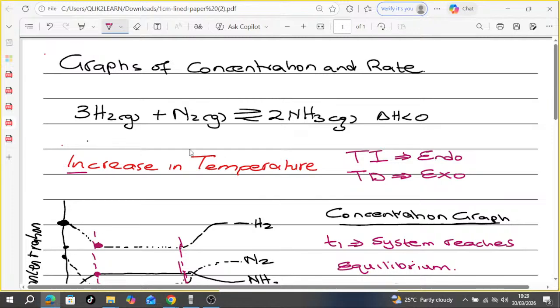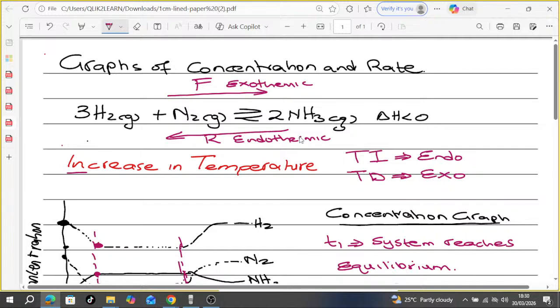So now we can see that on this given equation, going that side, this is forward, and forward favors what? Exothermic. And then going that side, this is the reverse, and the reverse favors what? Endothermic. Are you happy with that? Yes, I'm happy with that.